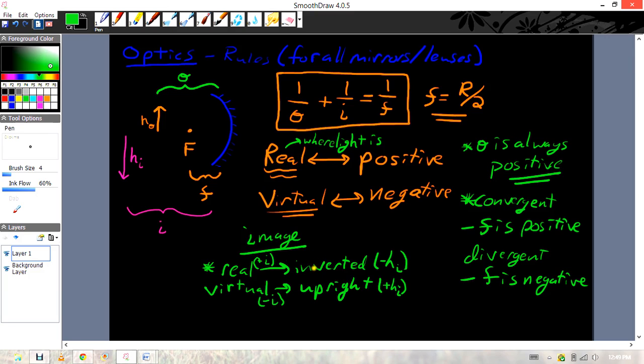The easiest way to remember this, it's really easy. There's 2 real life instances where this comes into play. It's obvious. It's so easy. When you look at yourself in the mirror, say in your bathroom.